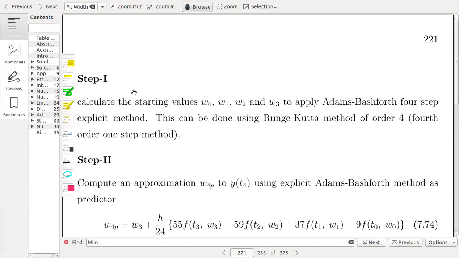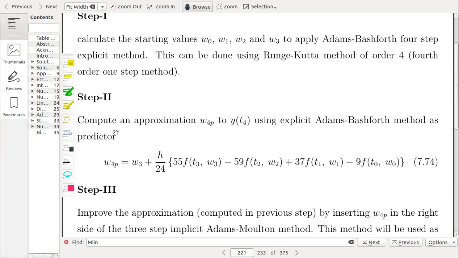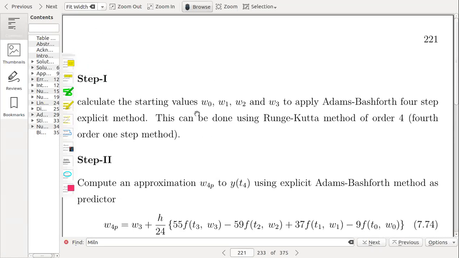So in the first step, we need 4 initial values, and these 4 values can be obtained using Euler's method or the Runge-Kutta method. In step 2, compute an approximation W4P, because you have already used the 4 values W0, W1, W2, W3, so the next value is W4.